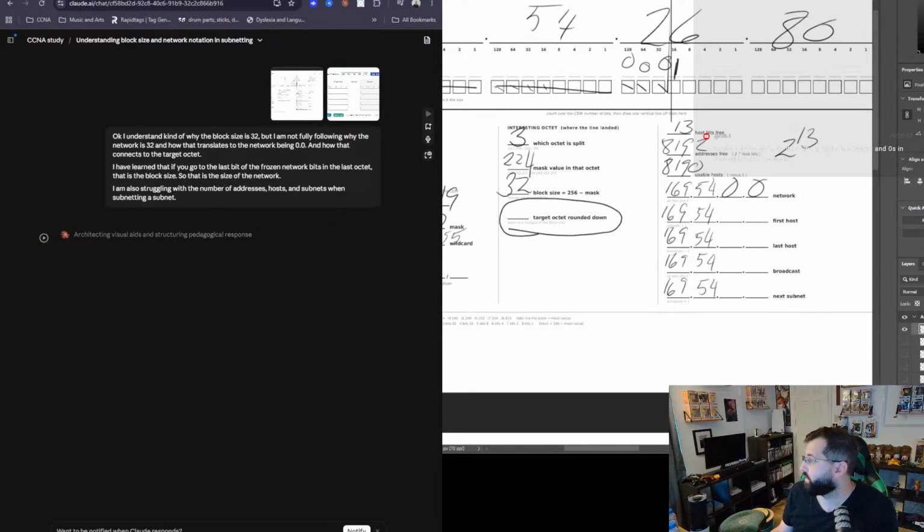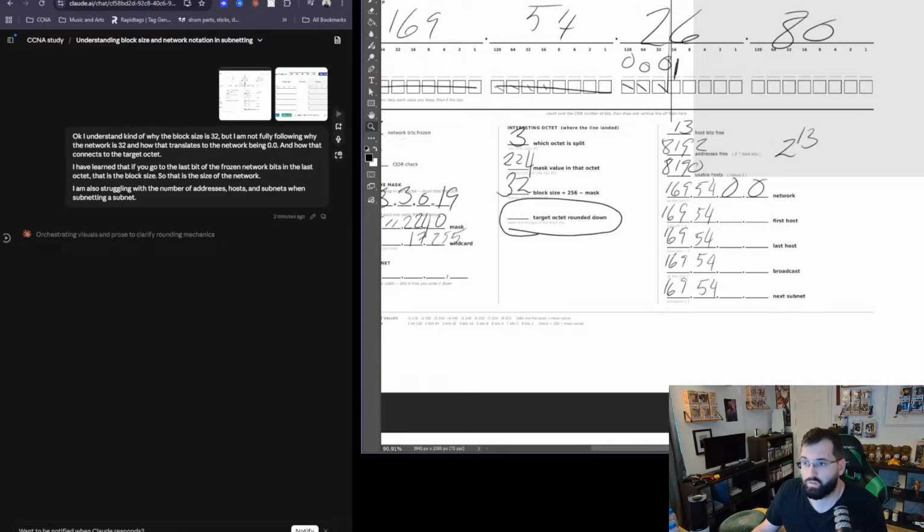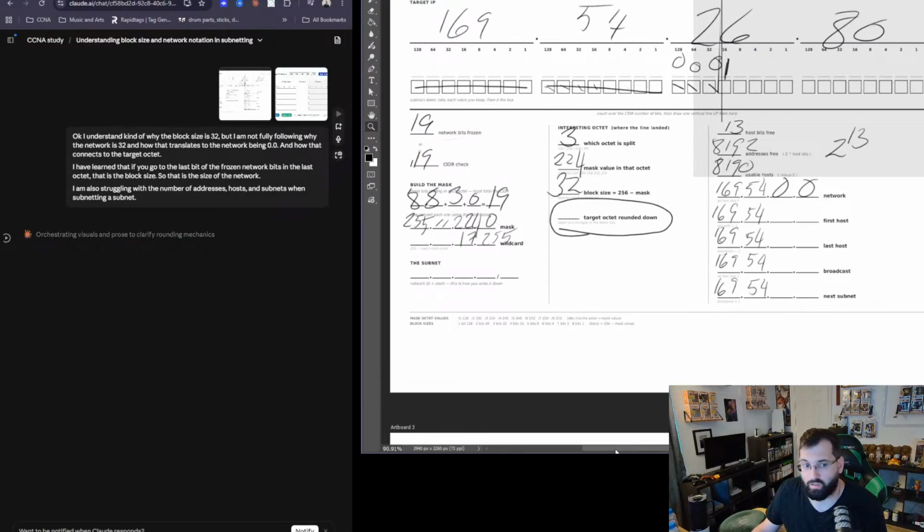Yeah. To visually grasp it, do it in binary, by ones in network and zeros in host, with a /19 network. And then with the /19. Oh, and that's what he was doing in the video too, where he was making all of these zeros, or making them all ones.